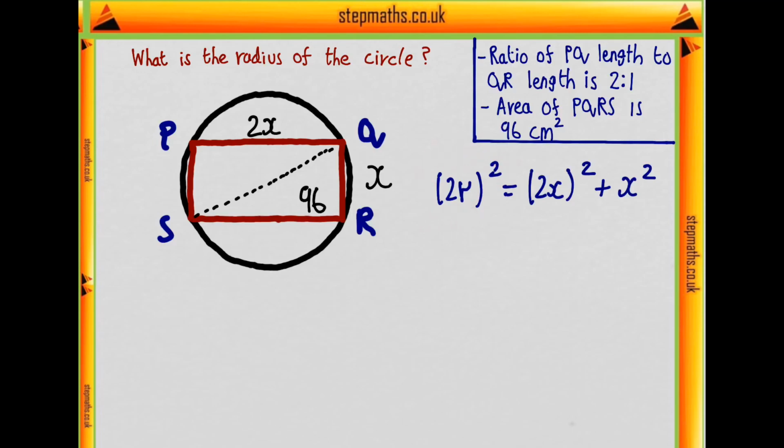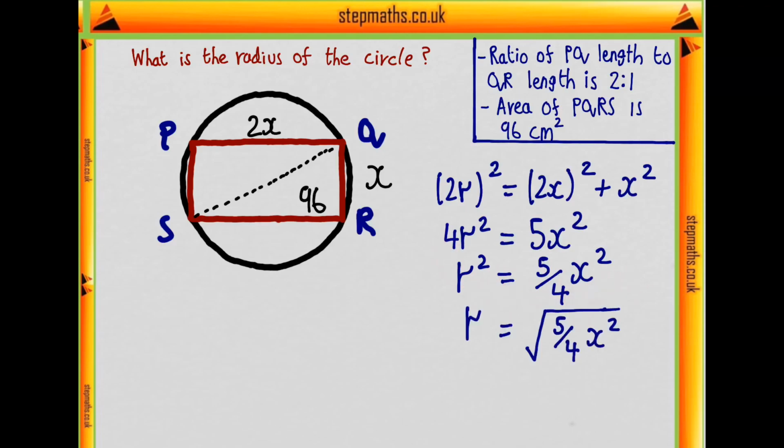So 2r squared by Pythagoras is equal to 2x squared plus x squared, which is great because we can rearrange this quite a bit. r is the thing we're looking for, so we get 4r squared equals 5x squared, and then r squared equals 5/4 x squared, just dividing through by the 4, and then r equals this.